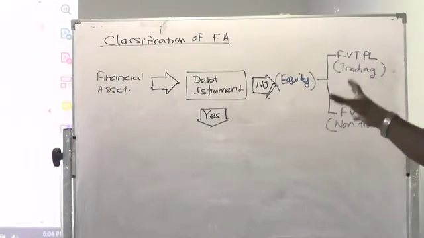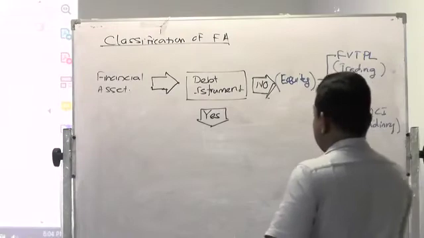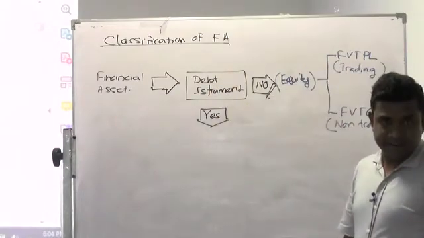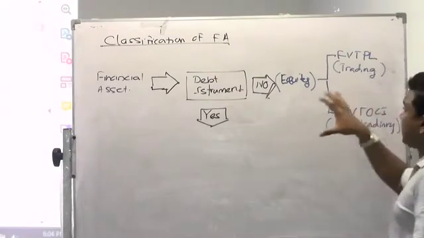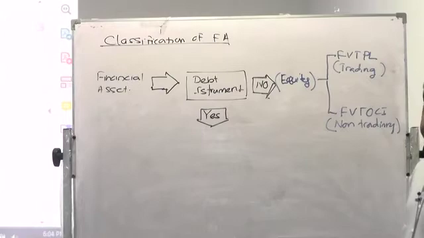Financial asset on where? Debt instrument? No, that is equity. Then classified as fair value through P&L or fair value through OCI. No cost option. If it is a debt investment, investment on debt, clear? If it is investment on debt, the story is a little bit complicated.